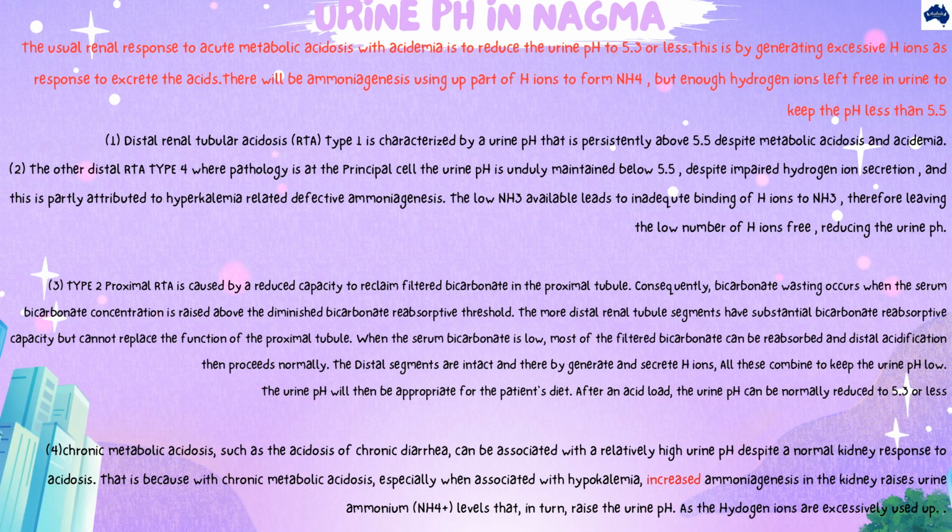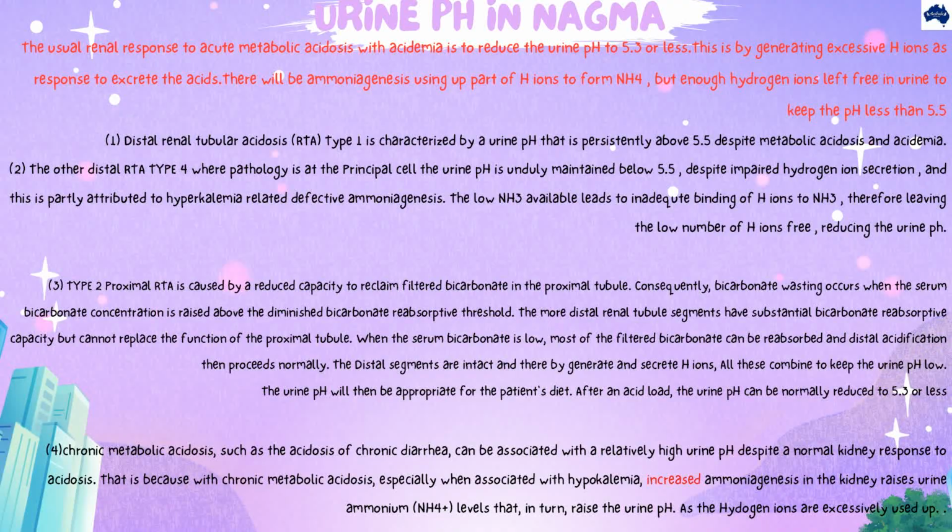Now let's look at the urine pH in the major NAGMA differentials. That is, in the three types of renal tubular acidosis and the non-RTA major pathology, chronic metabolic acidosis created by chronic diarrhea. Let's look at the urine pH in all of these conditions.